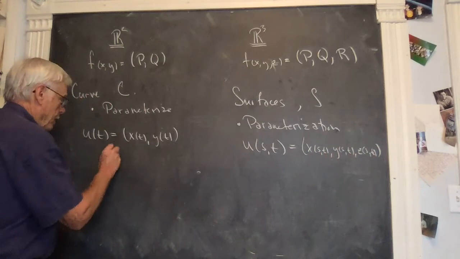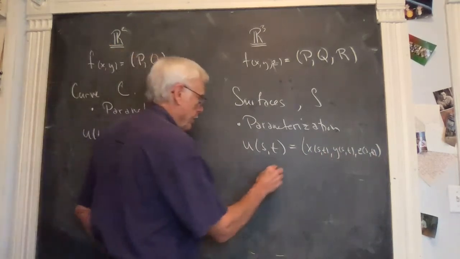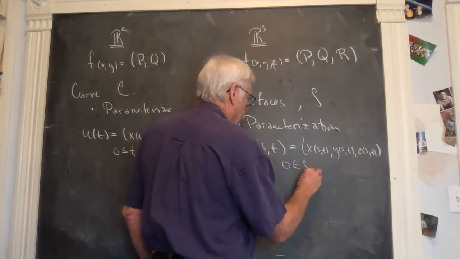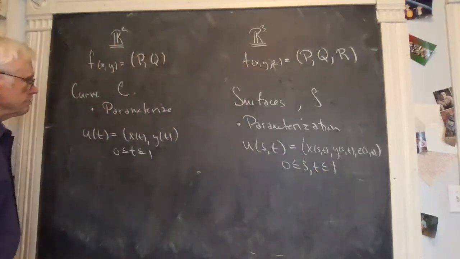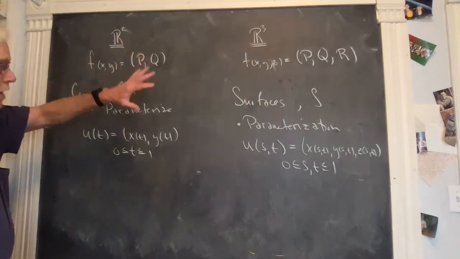I'll make this domain simple, but it doesn't have to be: 0 less than or equal to s and t less than or equal to 1. So we're looking at these analogs.